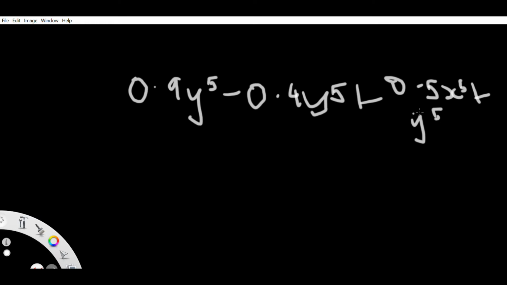So they can also be subtracted. For example, here 0.9 minus 0.4 would give us 0.5. And similarly, we have y to the power of 5 here, so do we have 0.5 plus 1? So that just becomes 1.5 y to the power of 5 plus 0.5 x to the power of 5.